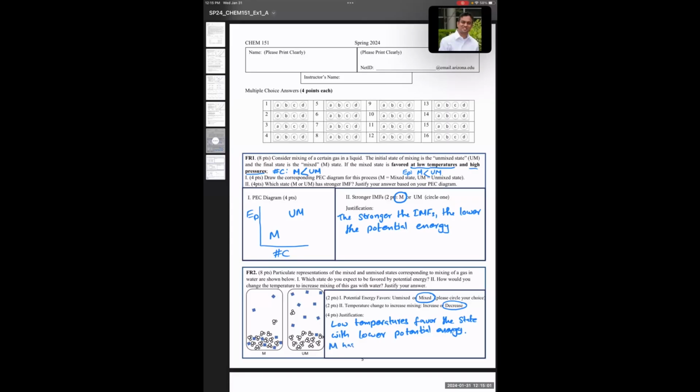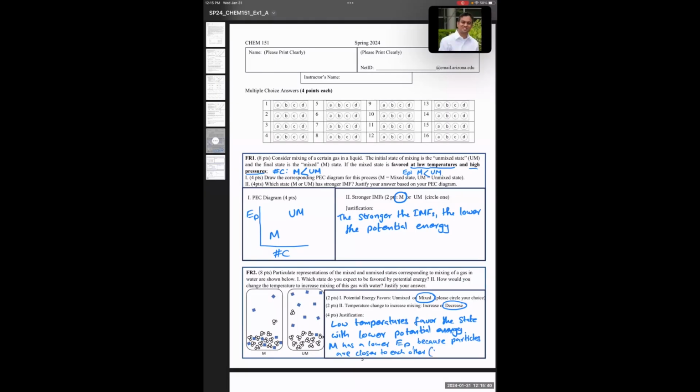M has a lower, let's call it E sub P, it's fine, it's defined somewhere else, potential energy because particles are closer to each other, and they interact strongly. Okay. M has a lower potential energy because particles are closer to each other.